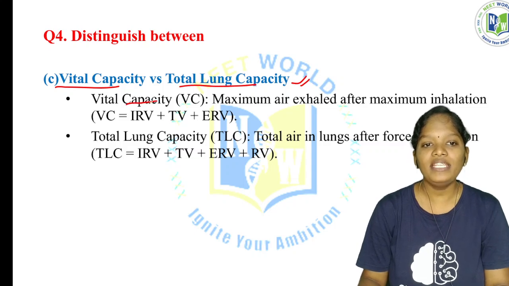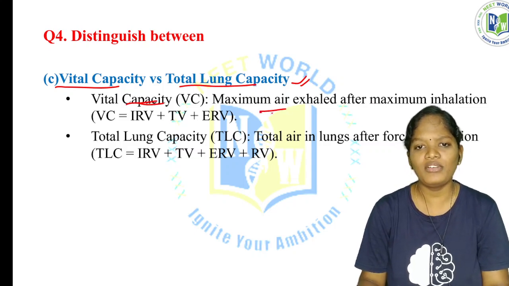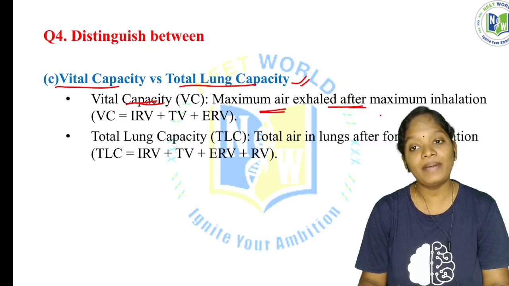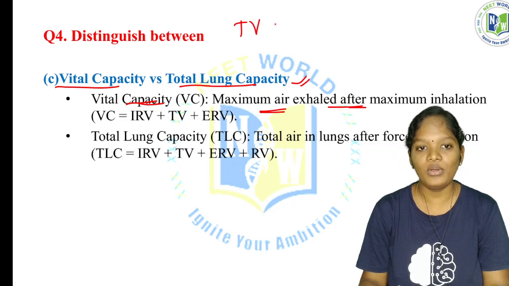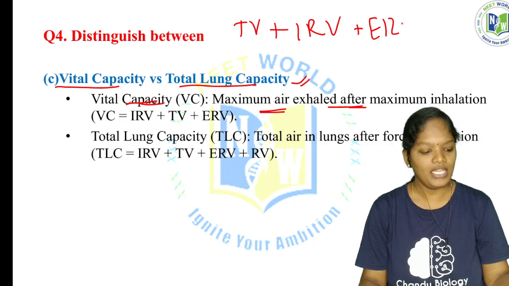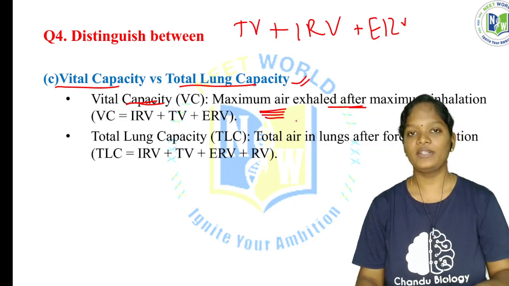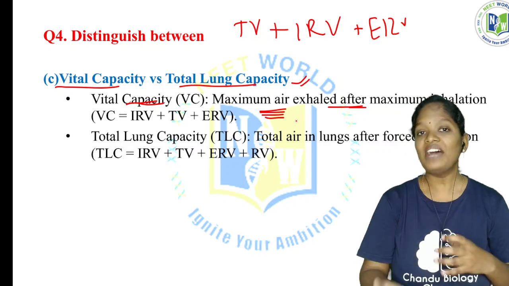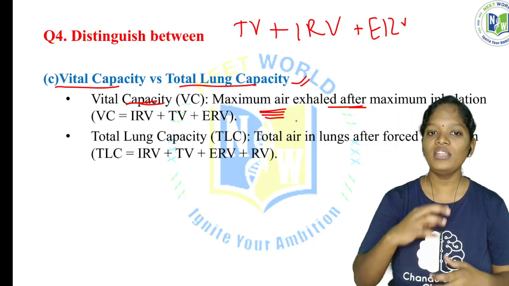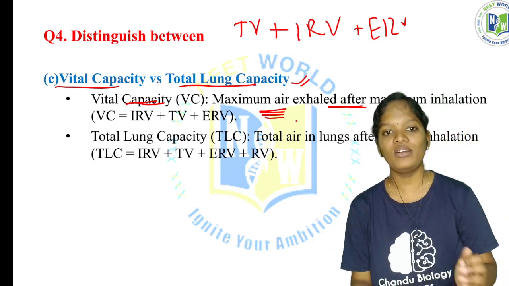The vital capacity is the maximum amount of air exhaled after maximum inhalation, which means we add the tidal volume plus inspiratory reserve volume plus the expiratory reserve volume. See, after a maximum inhalation, how much air are we exhaling? That is the vital capacity of the lung.